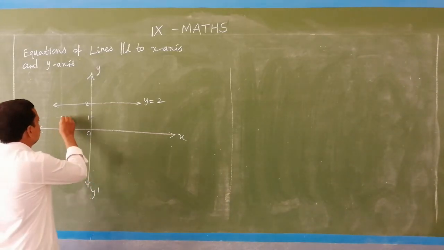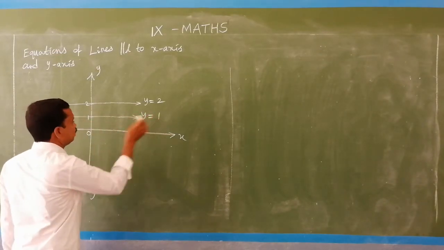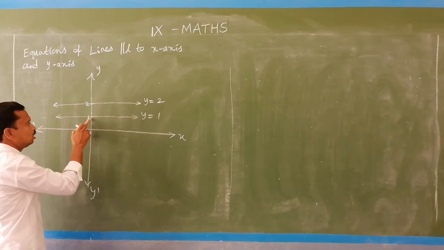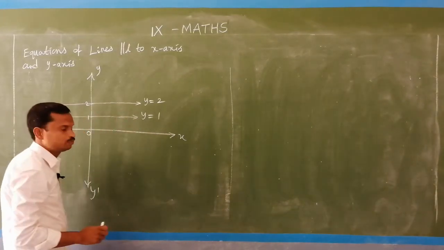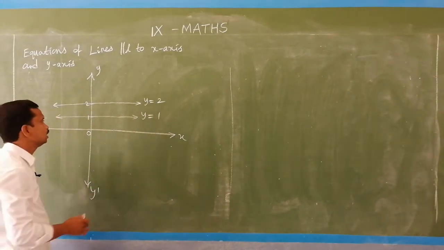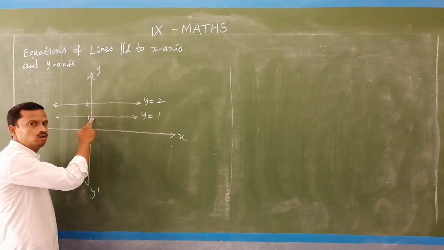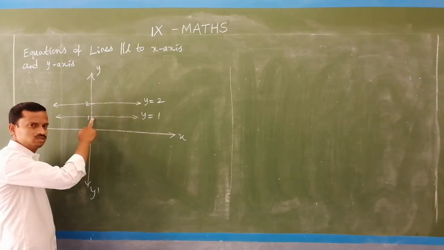And if you draw here, this is nothing but y equal to 1. In this y axis, through this value 1, I am drawing a line which is parallel to x axis. So, this is y equal to 1 and y equal to 2. At this, the point is, on y axis x is 0.